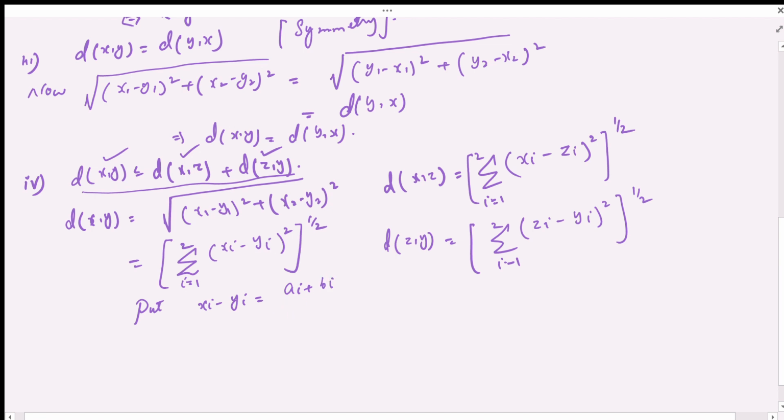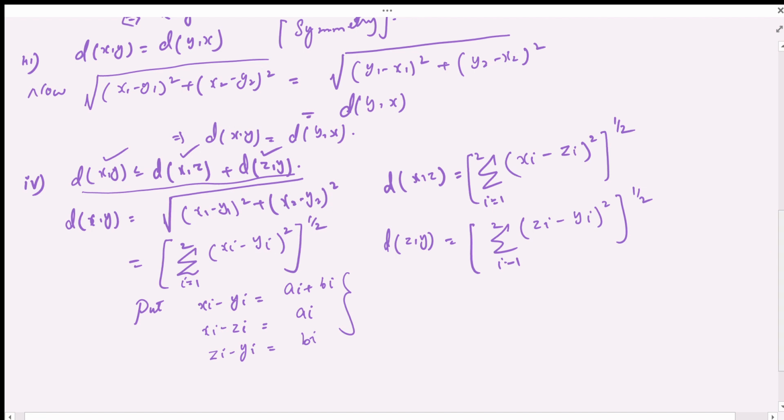Similarly, you can see you have xi minus zi. I will put xi minus zi equal to ai, and I will put zi minus yi equal to bi. So remember these three conditions.